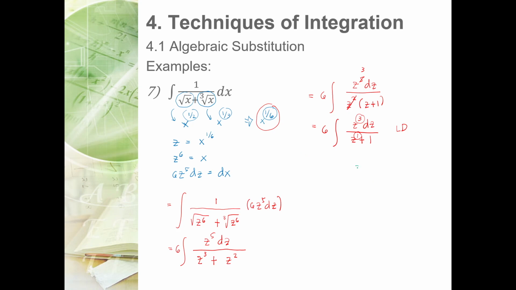So long division: z plus 1 divided into z cubed. You should already know long division. I'm just showing you how the process of long division works. So minus z squared, minus z, and then take the minus sign, so z and then plus 1.